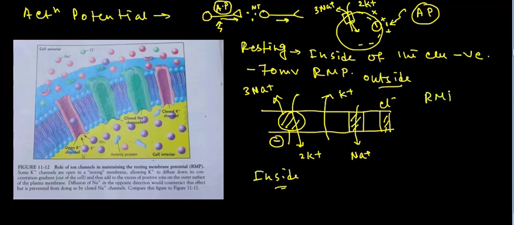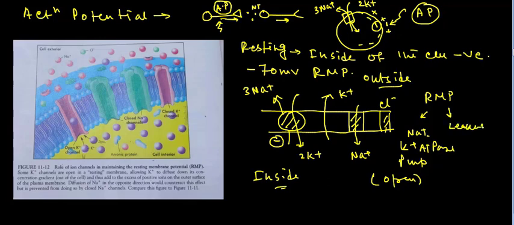So the resting membrane potential is controlled by the sodium potassium ATPase pump, which remains active while the neuron is at rest, and the leakage Na plus channel remains closed during the resting neuron.